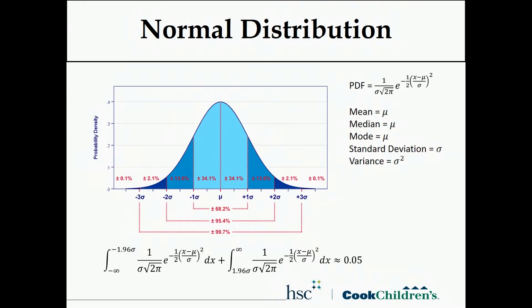That's the probability that something's greater than 2 standard deviations above. You can use the calculus formulas below to integrate and figure out the area under the curve. For a two-tailed test, you have something that's greater than or less than positive or negative 1.96 standard deviations respectively.